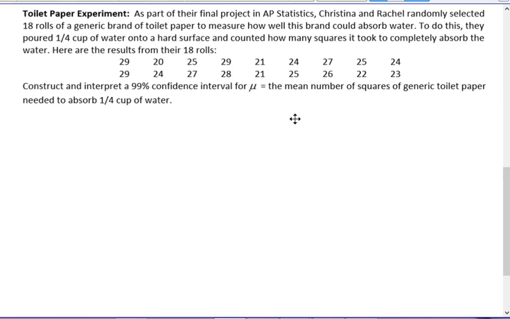Construct and interpret a 99% confidence interval for mu, the mean number of squares of generic toilet paper needed to absorb 1/4 cup of water. So let's think about what we want to do. What's our goal?